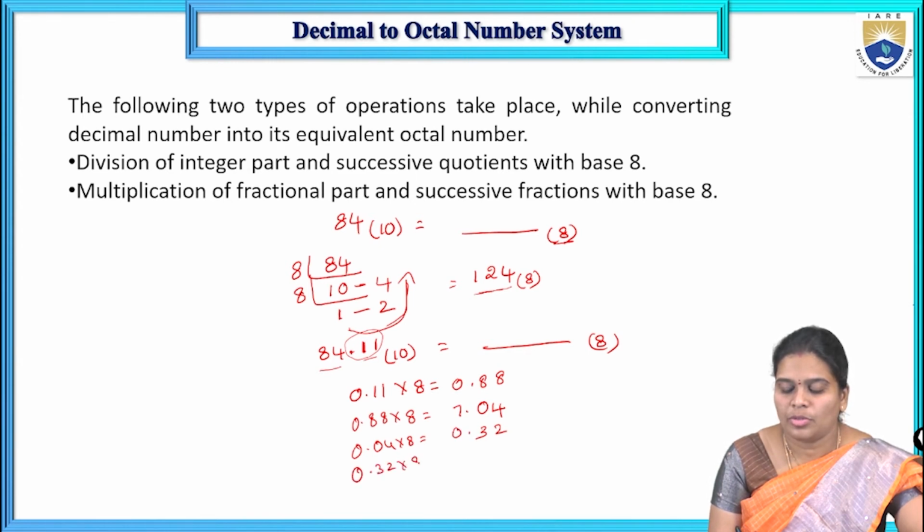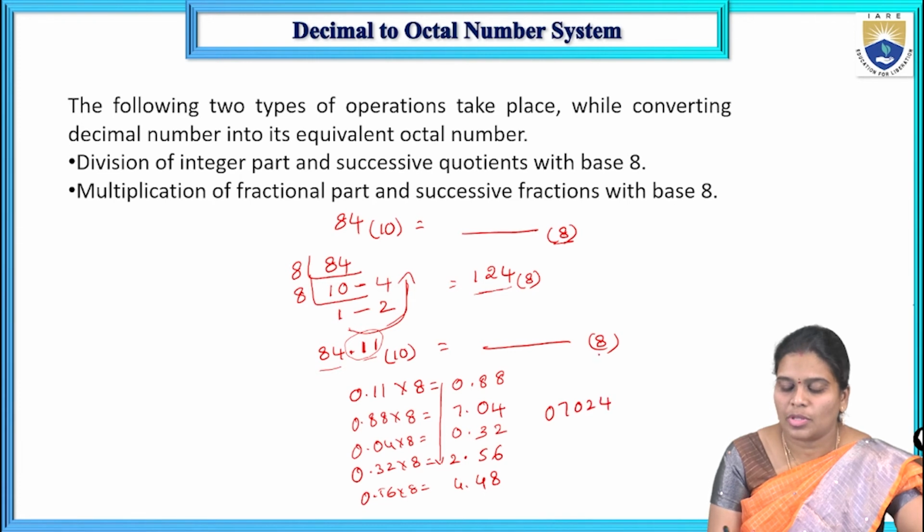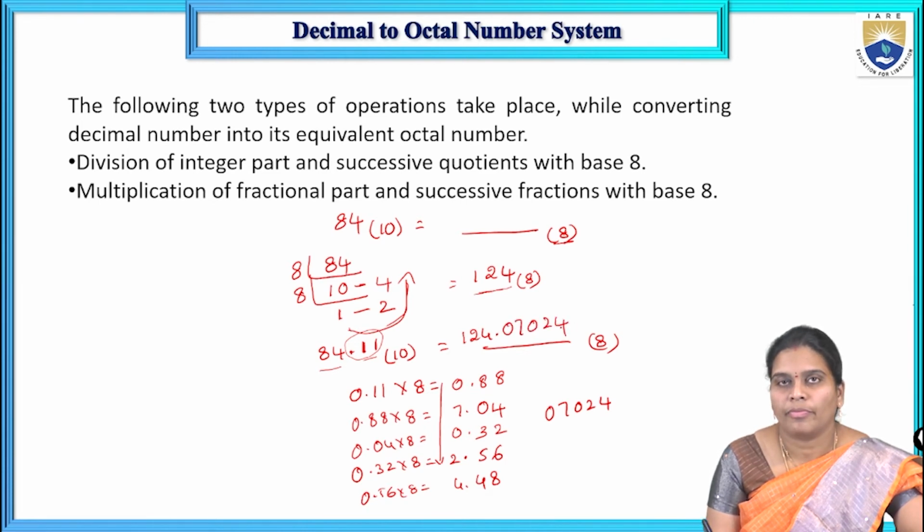Again 0.32 into 8 gives 2.56. Again 0.56 into 8 gives 4.48. Now we can stop. We write the resultant value from top to bottom: 0702 4. The final value is 124.0702. So this is the procedure for converting decimal to octal.